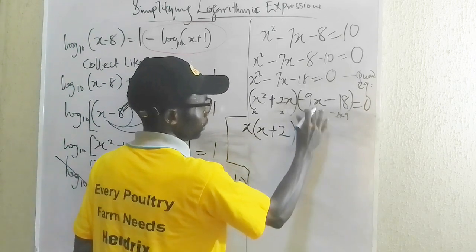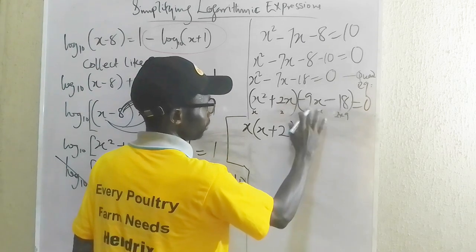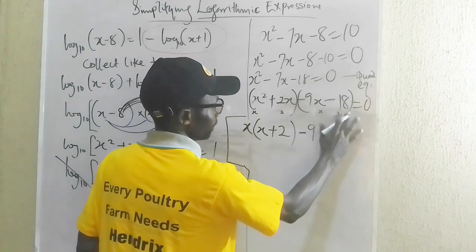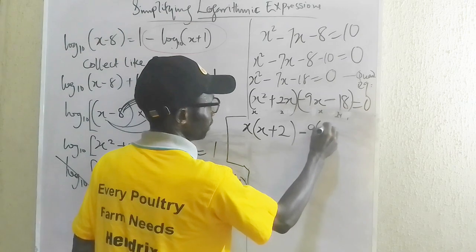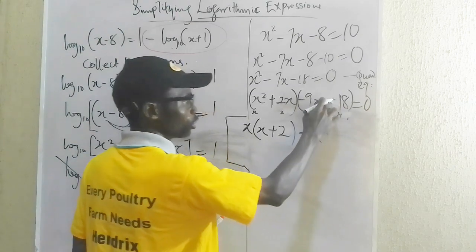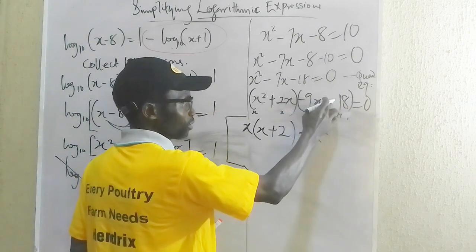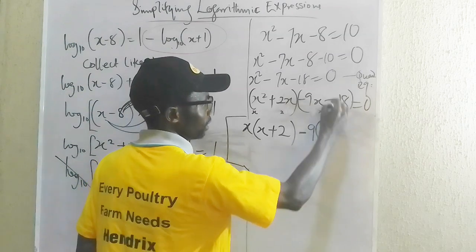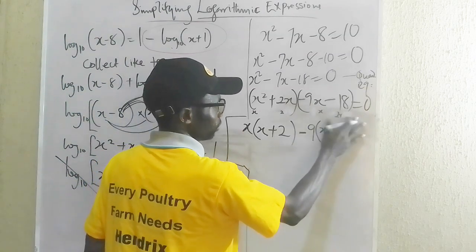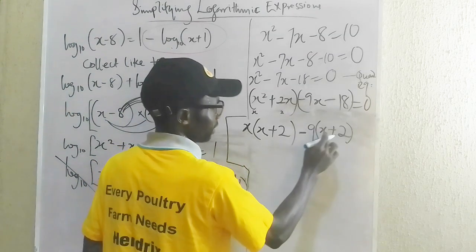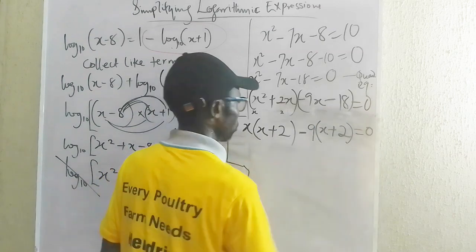So 9 comes out. So minus and 9 out. What is remaining here? x. And actually here we change: minus times minus is actually a plus. And then we have 2 remaining. So it's actually x and 2 is equal to 0.